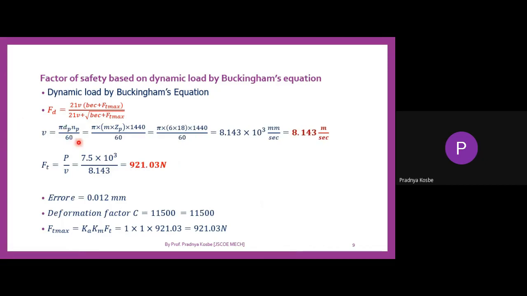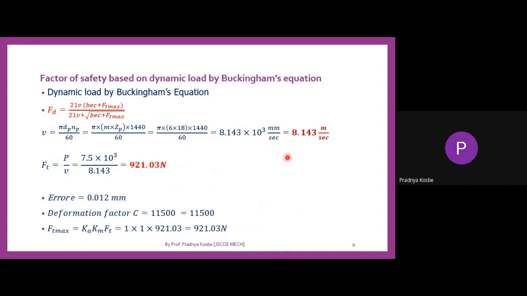So here v is equal to pi dp np by 60. Put the values of zp and speed of the pinion. You will get velocity in mm per second. That is 8.143 into 10 raised to 3 mm per second.